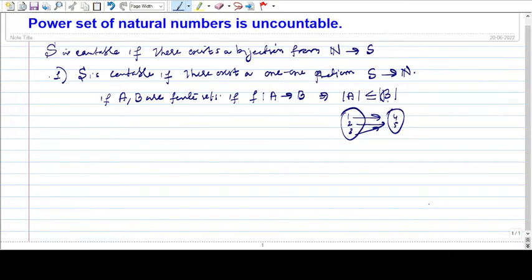So a 1-1 function is not possible if cardinality of A is greater than cardinality of B. That idea will carry on to the infinite case too.